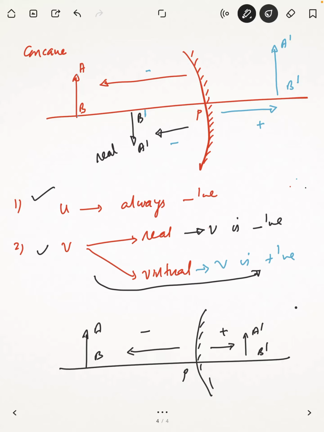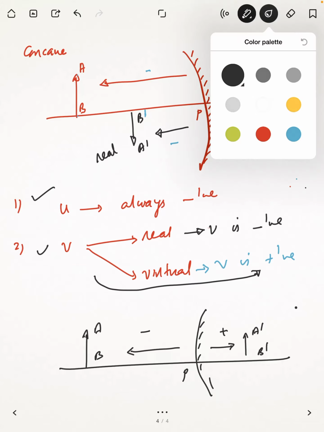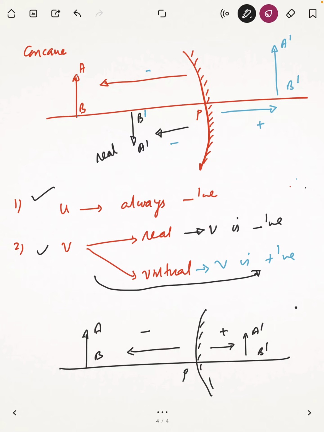So two terms we have seen, one is object distance U and second one image distance V. And one more point is there, what about focal length F? How will you find out focal length F? So third point regarding the focal length F. In the case of concave mirror, where will be the principal focus?